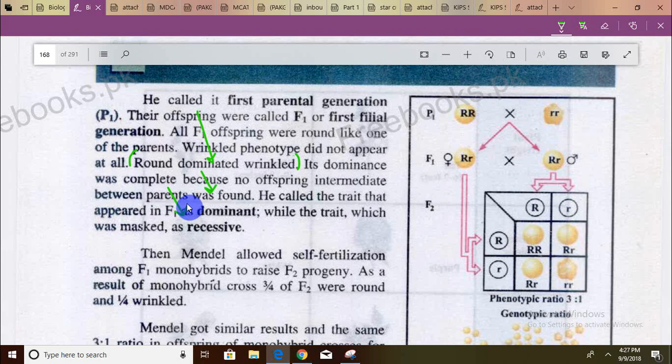However, the genotypic ratio was different. It was 3:1 in phenotypic ratio, but 1:2:1 for genotypic ratio.